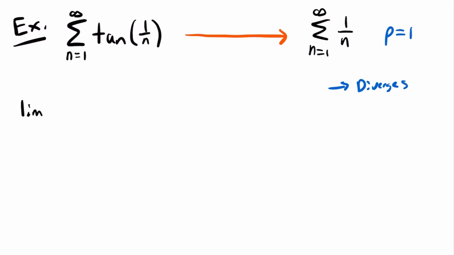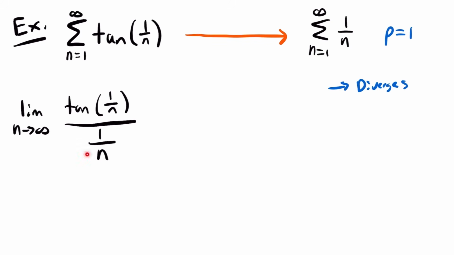Let's take the limit as n approaches infinity of tangent of 1 divided by n divided by 1 divided by n. Now, if you look at this limit in its current state, what's going to happen to this expression as n approaches infinity? Well, inside the tangent function, we have 1 divided by n, and as n approaches infinity, we have 1 divided by infinity, and we know that a fixed value divided by infinity, or an increasing value, is equal to 0.